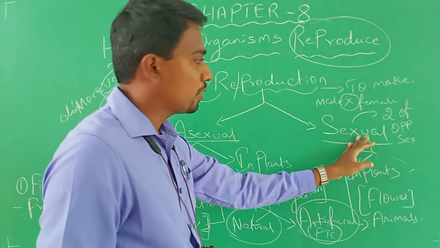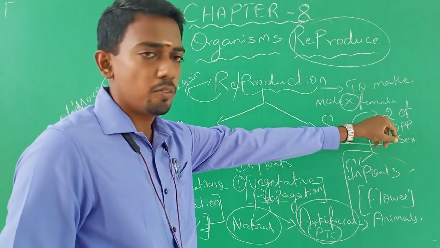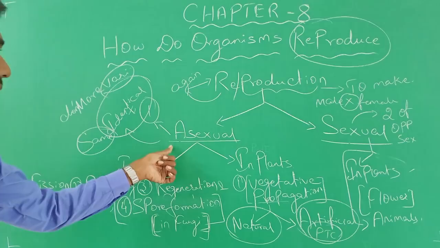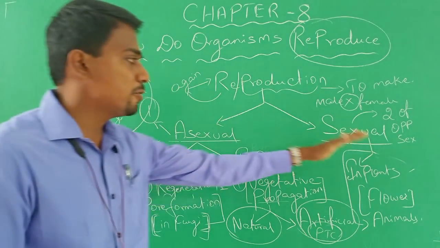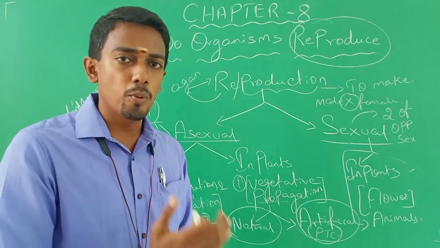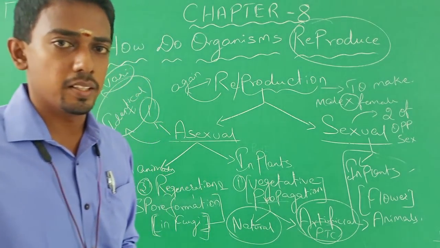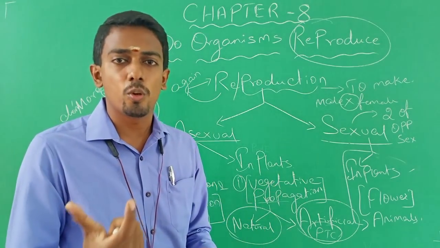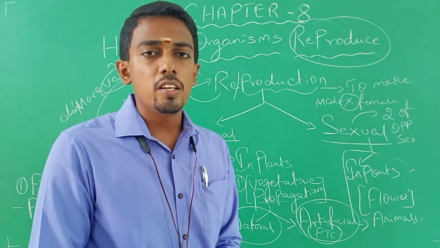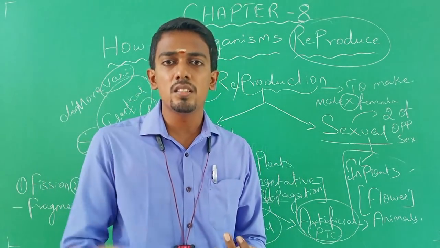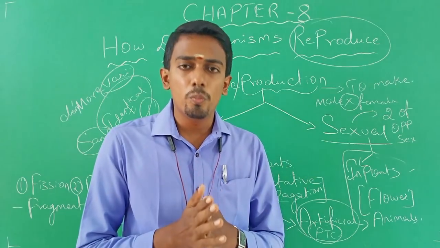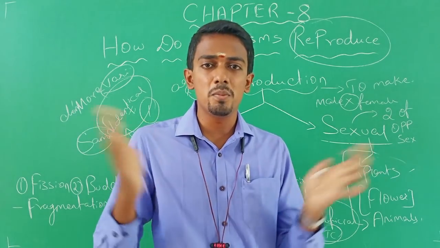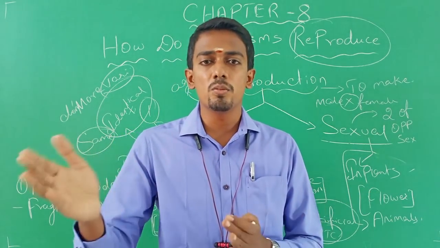But here comes sexual reproduction. As we know, two parents of opposite sex are involved, so the variation is more compared to asexual reproduction, and the offspring carries the characters of both the male and the female parent. At times you could see in the market some shades of rose. Say, if you cross a rose plant that bears red with a yellow one, you could generate a new rose with an orange color, an intermediate between yellow and red.